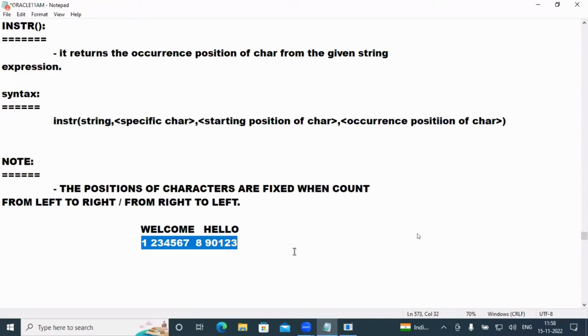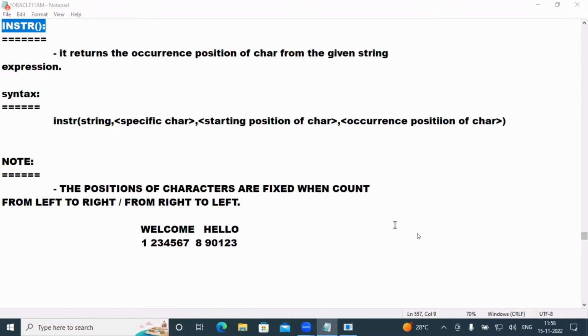So this is the nature of INSTR. INSTR is working like that. Again, I'm repeating, you count your characters from left to right or right to left, but your character positions are fixed here. Got my point now?